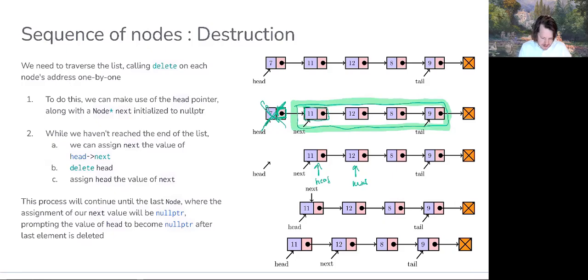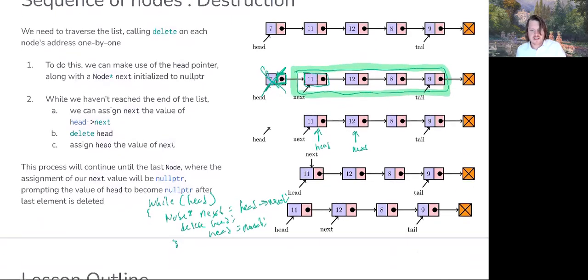And we mentioned that how this might look algorithmically would be while head, and then we'd have something like node pointer next equals head's next, delete head, head equals next, and just continue that process.